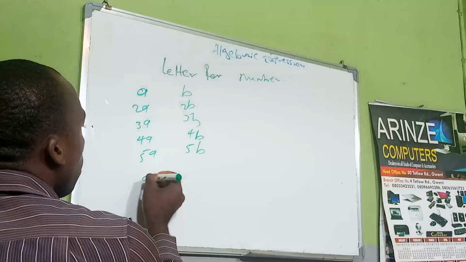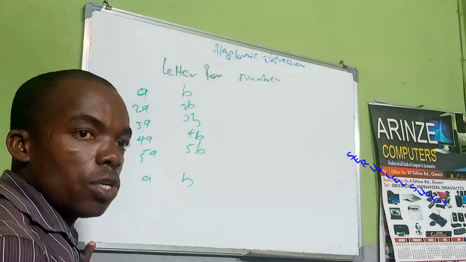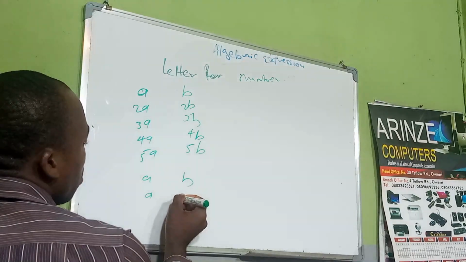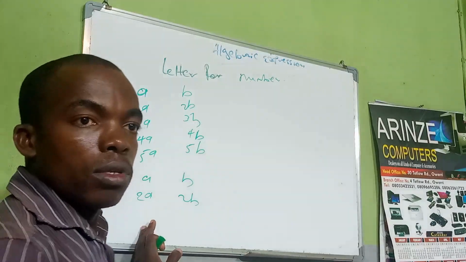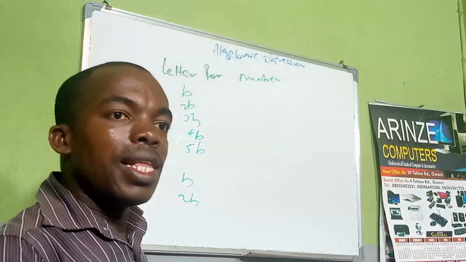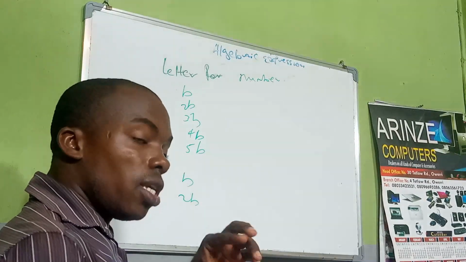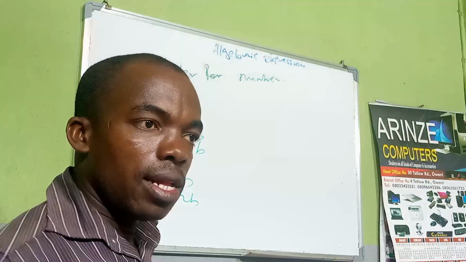But A and B are not similar. Then A and 2B are never similar. When letters are carrying the same numbers but different letters, they are not similar letters.